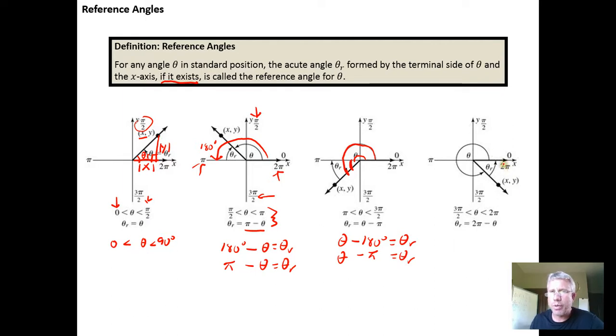Finally, in quadrant 4, notice you have a nice little right triangle here. Theta r is the side adjacent the x coordinate, or the width. The width is x. The directed height is y. The height in a Euclidean perspective is just the absolute value of y. And to get theta r, what would you do?